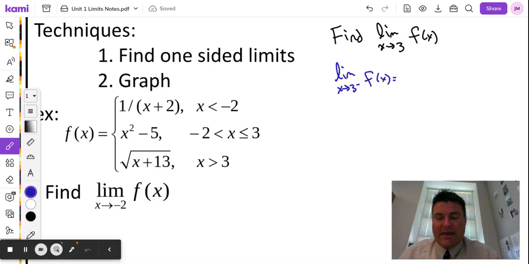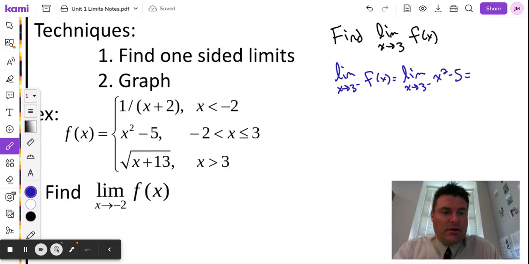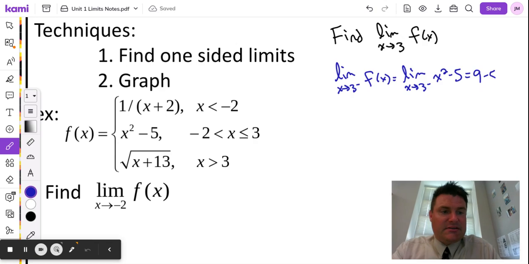Well, I'm looking at the middle one right here because those give me values between -2 and 3. And since 3 is where the pieces break off, we're looking at just left of 3, which would be the x squared minus 5. So I'm going to substitute that in for my f of x. And that's going to give me 9 minus 5, which is 4.